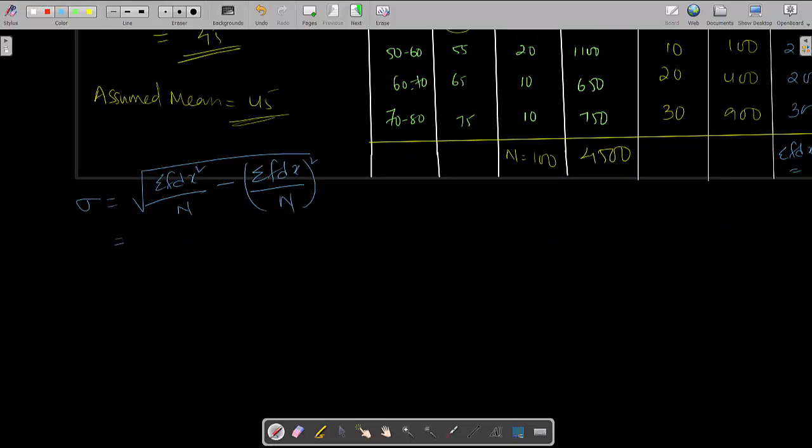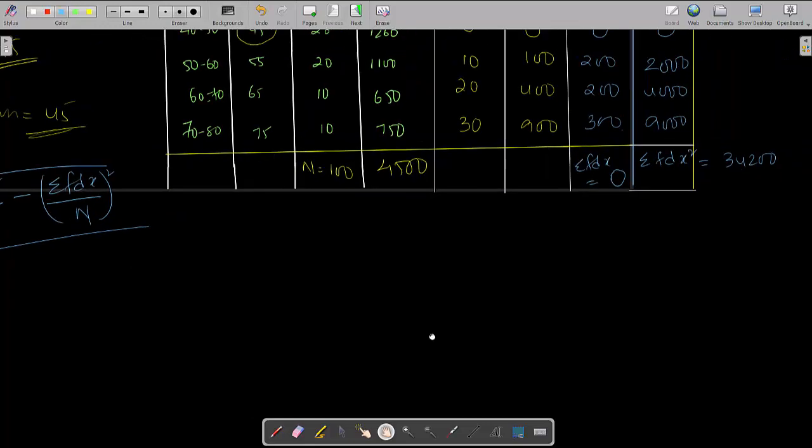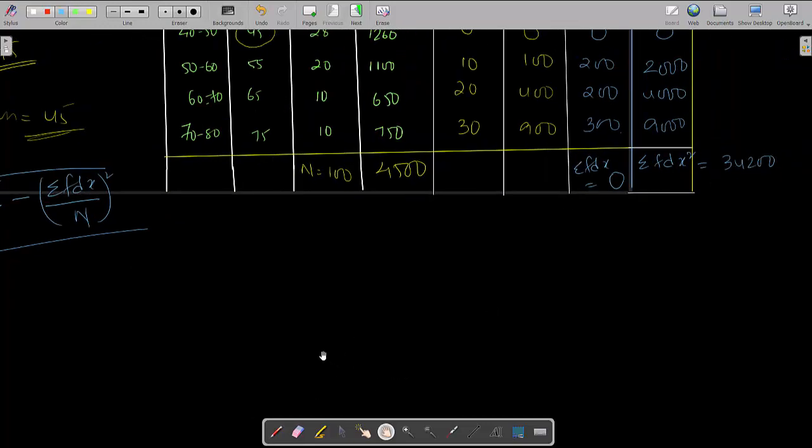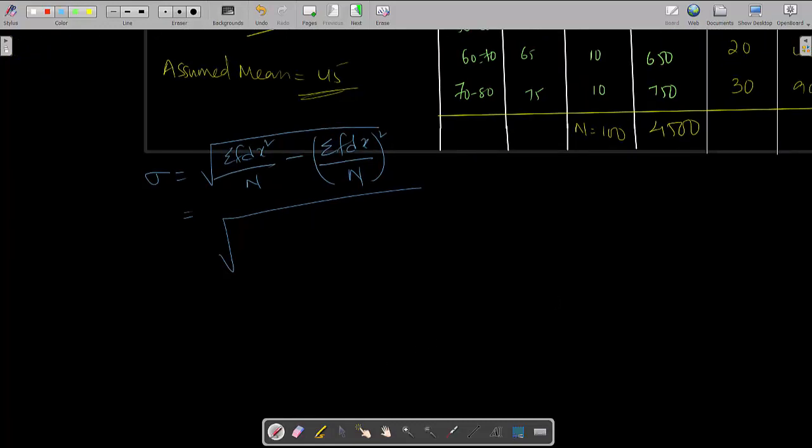We know the value of this one, it is 34200.